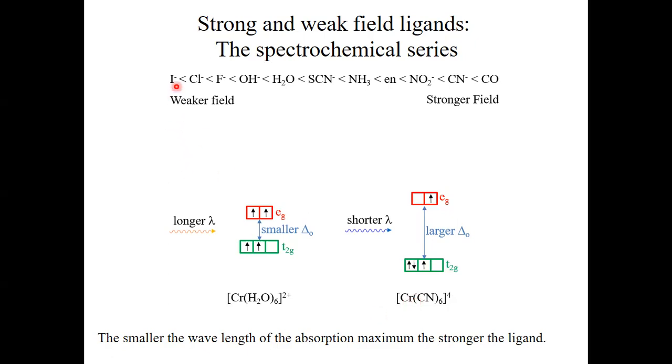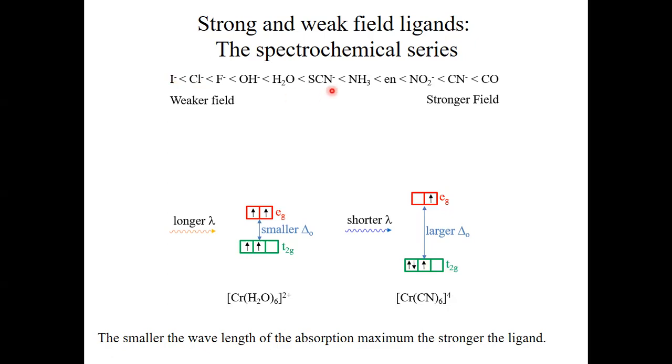So here we have a few ligands, of course there are many more ligands possible, that are arranged into a spectrochemical series. So for instance, you see here that an iodo ligand produces the weakest field. A complex with the iodo ligand should therefore absorb the light of the longest wavelength.